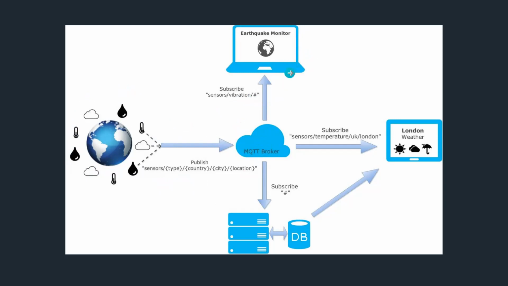Likewise, there's another subscriber, in London for example, who wants to know the temperature in London. So it has subscribed to the temperature in London. Once the MQTT broker receives temperature data from the different locations on the earth, it selects only the data relevant to London, and then it sends that data to the subscriber, right?